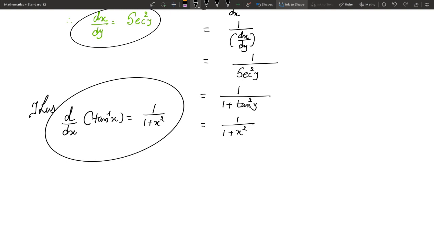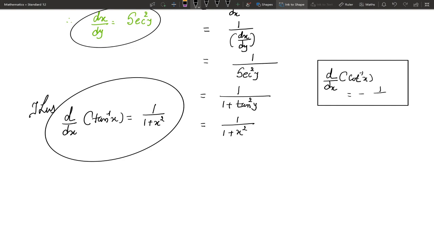So similarly you can obtain d by dx of cot inverse x, it is minus 1 upon 1 plus x square. Easily you can prove this result. D by dx of cot inverse x equal to minus 1 upon 1 plus x square.